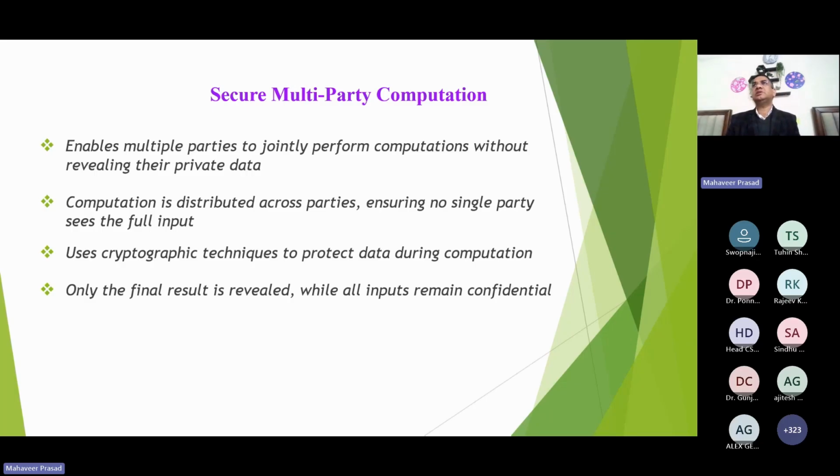Then B says, you add 50 and 60, so you get 110. Then the outputs from both parties go to a third party, which adds them, and the final addition is 30. So we were trying to add 20 and 10, the final output is 30, and we got that. But no one knows what type of data we are using here. That is the main thing.